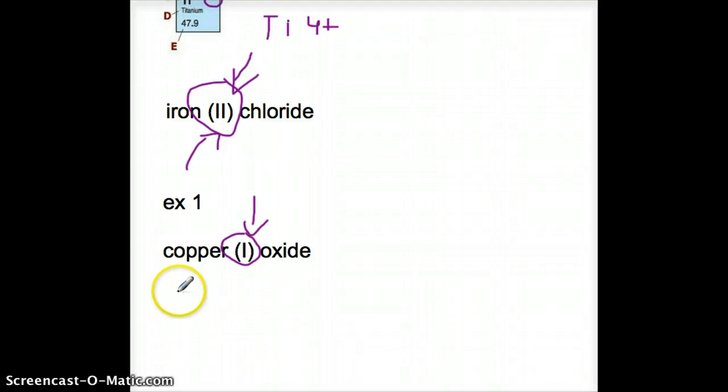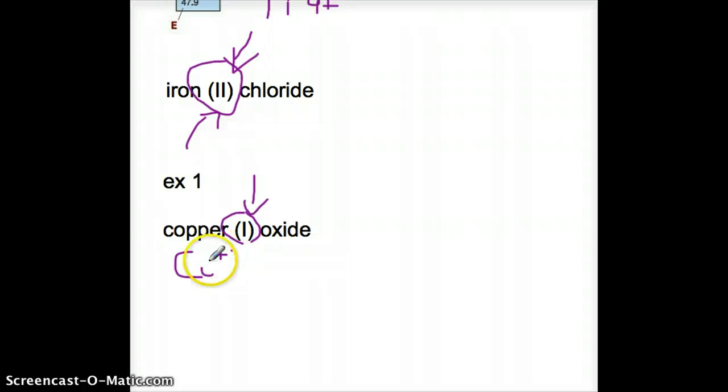So here, copper has formed a copper plus 1 ion. Notice how I didn't write 1 here. It's because we already know that 1 positive copper already exists.